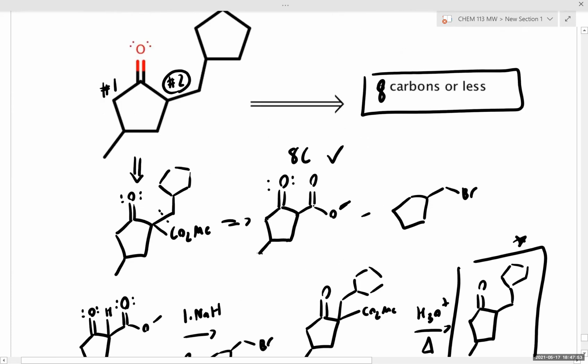So essentially, before we even look at breaking bonds in this compound, we first do almost like a functional group interconversion, where we show that to make this compound, we're going to be going through the beta ketoester. And once we have this beta ketoester in place, it becomes easy to see that we can form this carbon-carbon bond via an alkylation reaction.